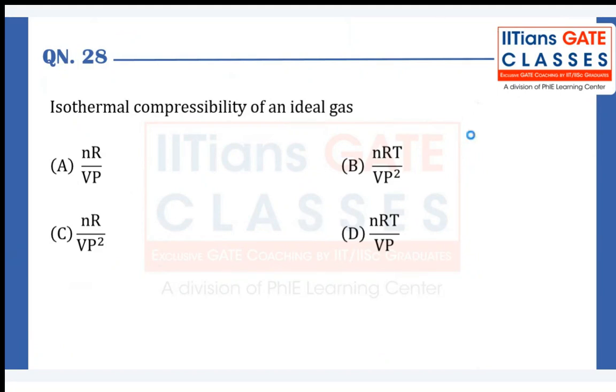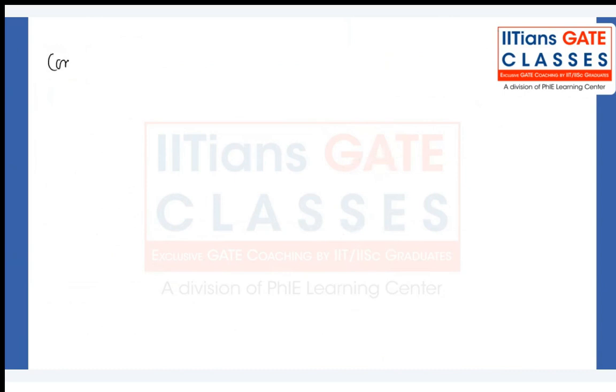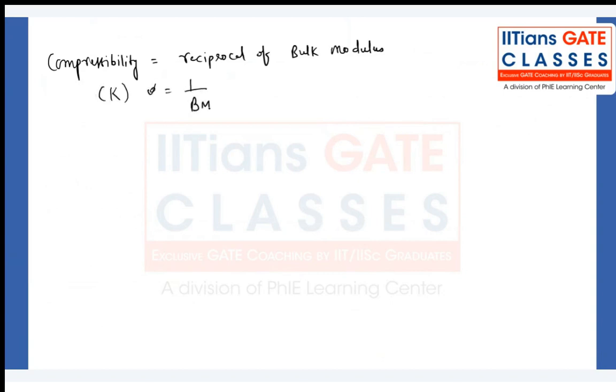What is the meaning of compressibility? Compressibility is basically the reciprocal of the bulk modulus. That means compressibility we define by, let's say, K, but that will be inversely proportional to bulk modulus.